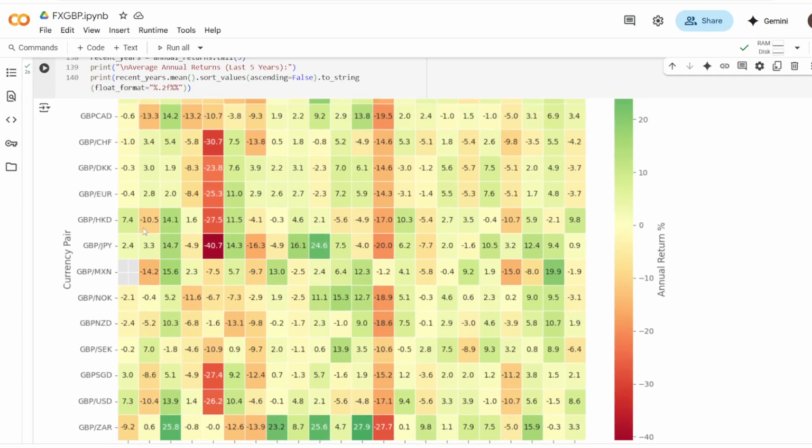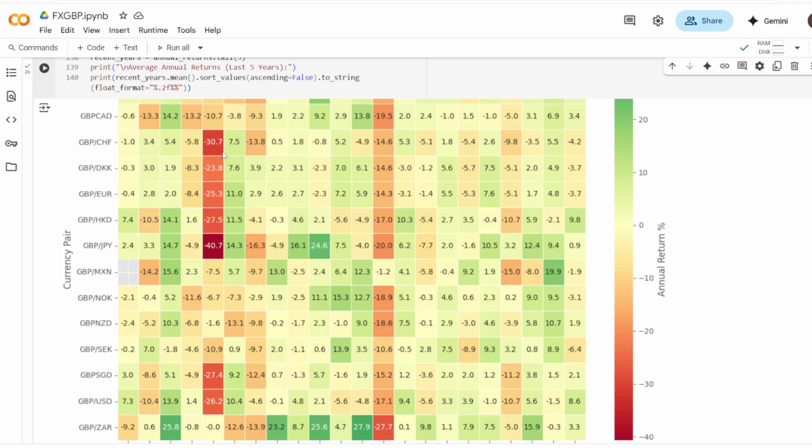So yeah, we see here that, more or less with all currencies, but in 2008 you had minus 40% against the Japanese yen, minus 30% against the Swiss franc.